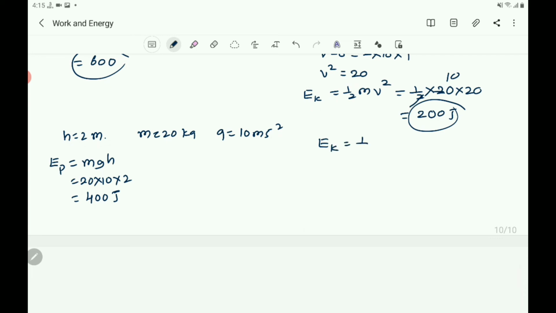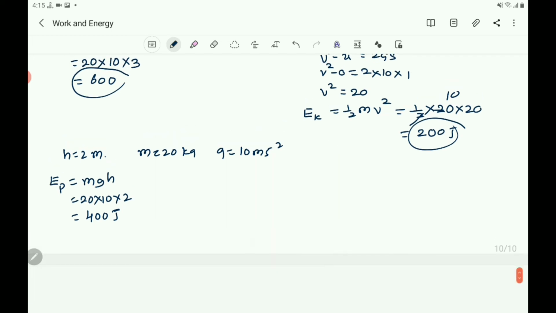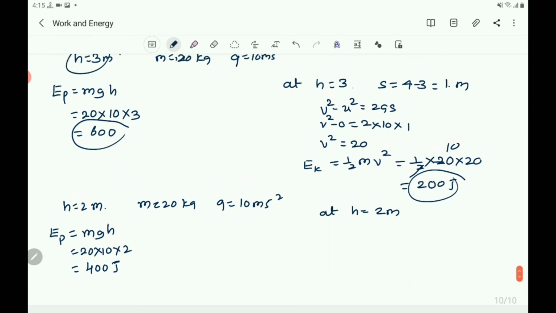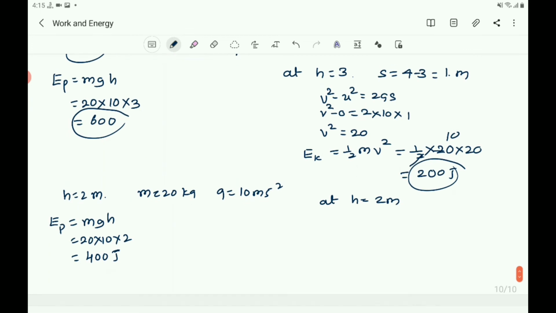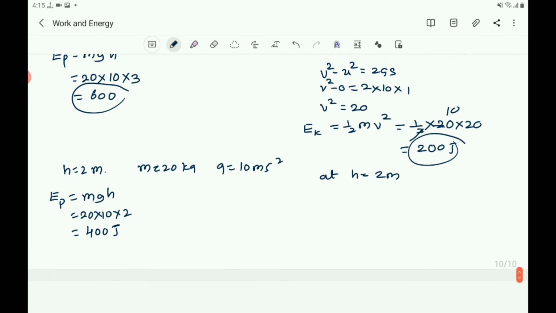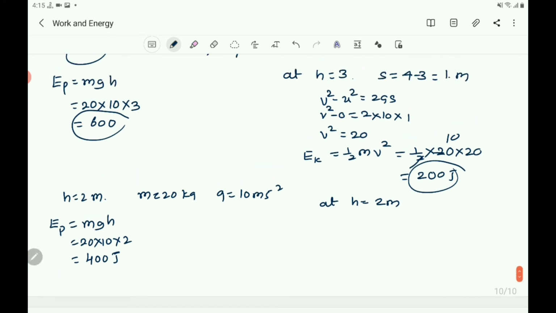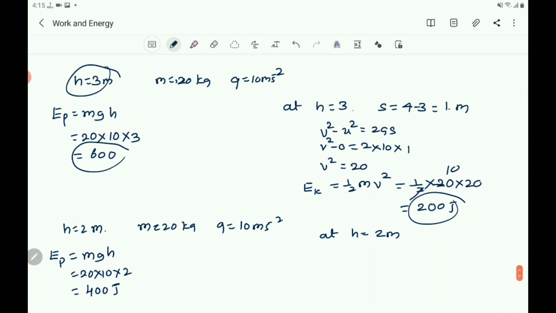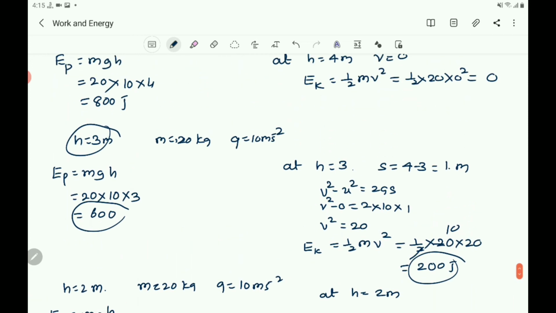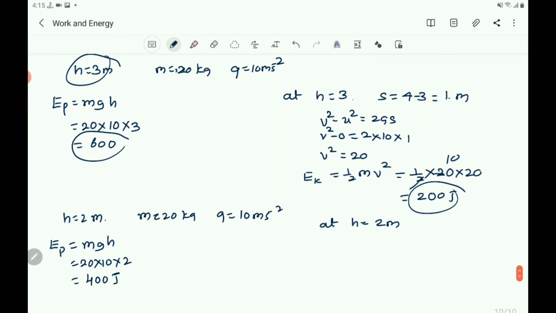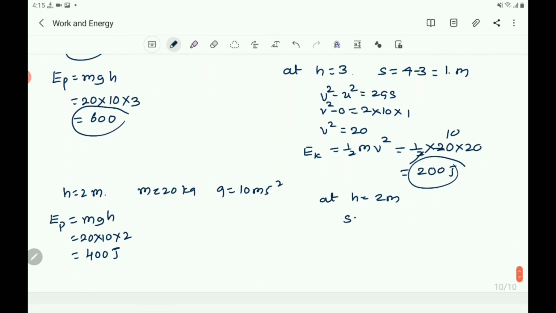Then Ek equals, here first you get the v value. Here at a height h equals 2 m, again the distance traveled is, if you take the initial height as 4, from here to here the distance traveled, so s becomes 4 minus 2, that is 2.